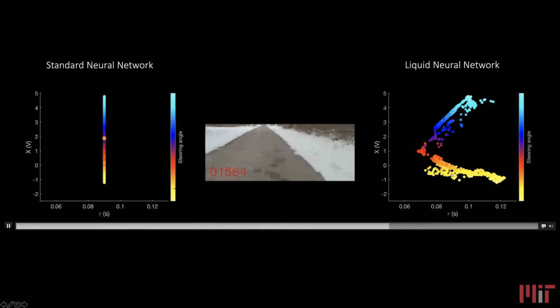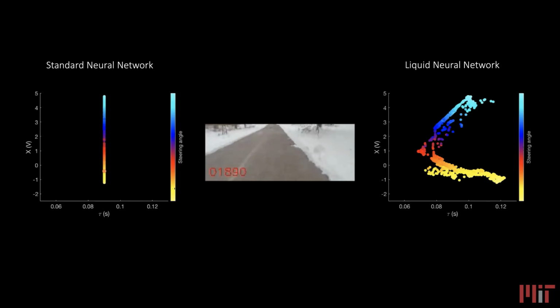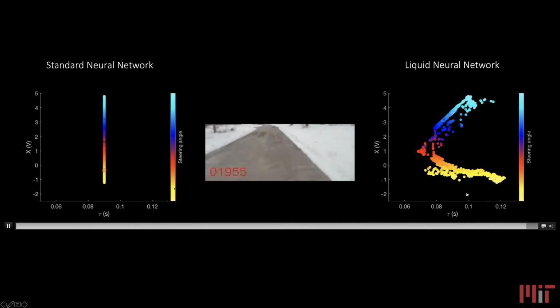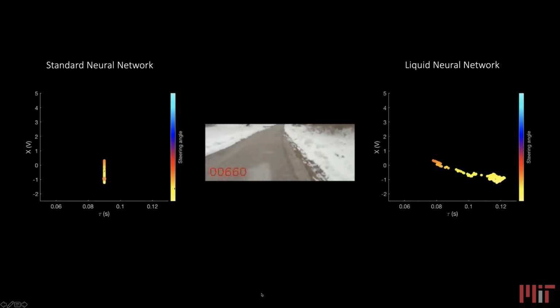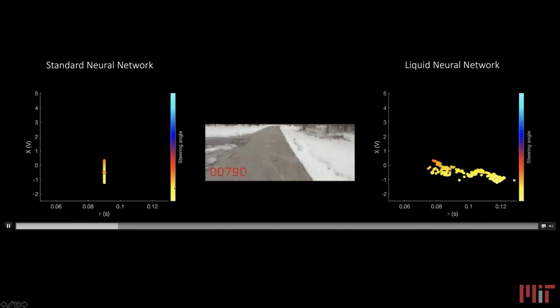Now, if you look at the liquid network, we see that the time constant, or how fast this dynamical system behaves, changes in different driving scenarios, and it adds more degrees of interpretation and expressivity to our system. So let's say, for example, when we are making a left turn decision, the time constant is higher, and when we are going straight forward, the time constant is around here.